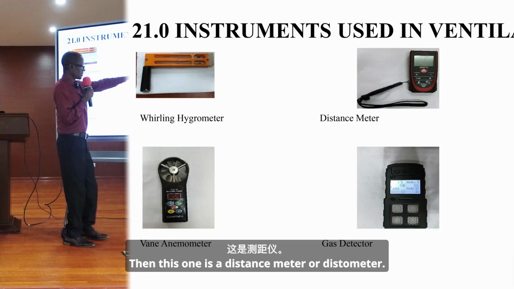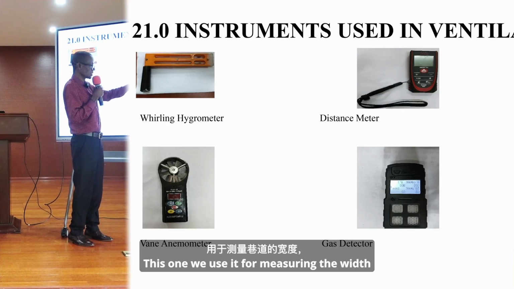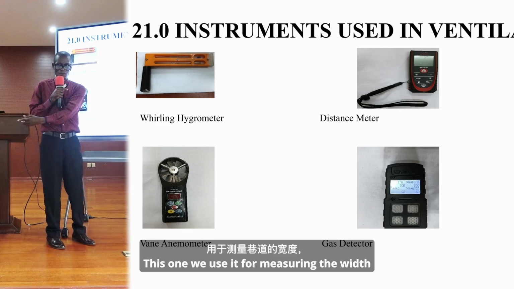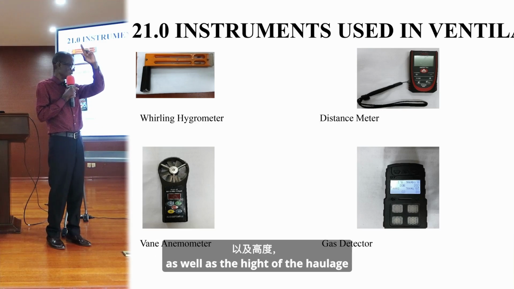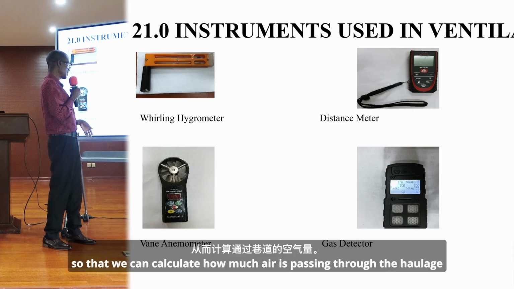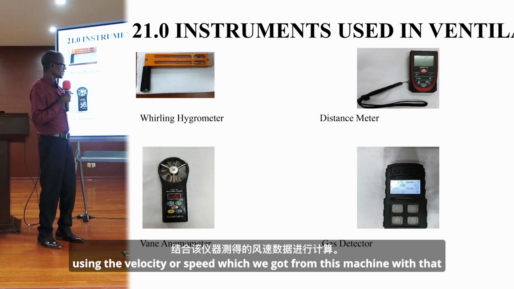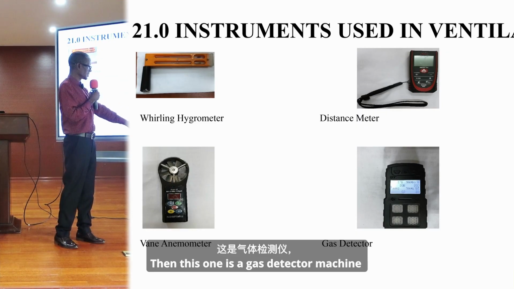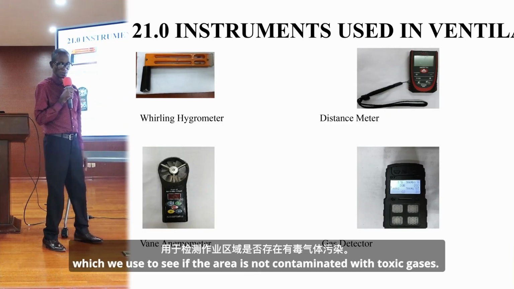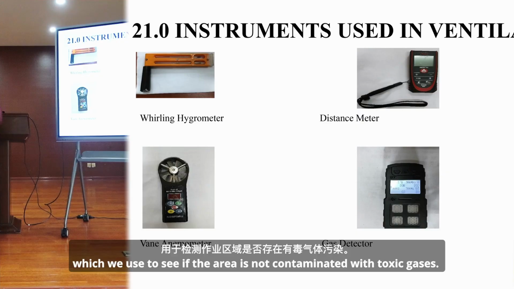Then this one is a distance meter or distometer. This one we use for measuring the width as well as the height of the haulage, so that we can calculate how much air is passing through the haulage using the velocity or speed which we got from the anemometer. Then this one is the gas detector machine, which we use to see if the area is not contaminated with toxic gases.